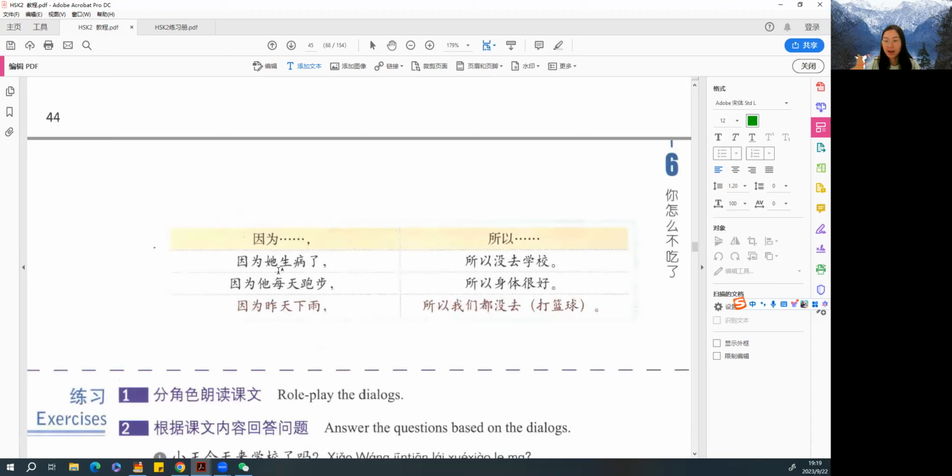因为他生病了. What's the meaning of this reason? Because she is sick. 生病了. It's already happened. So just learn such speaking habits as a native speaker, because of course we can say 因为他生病 and then stop. But if we add 了, it sounds much more like what a native speaker would say. So learn or pretend you are already a native speaker.